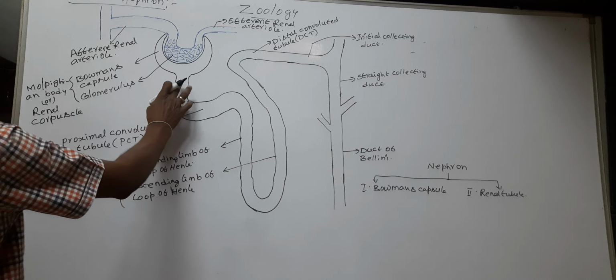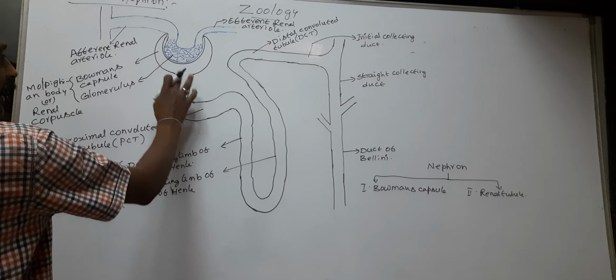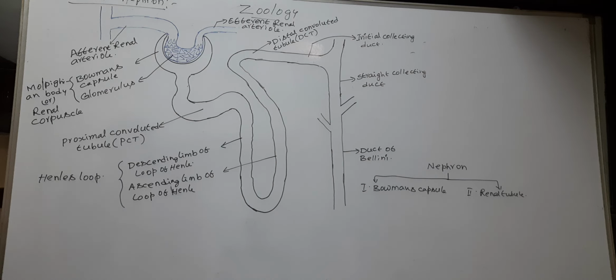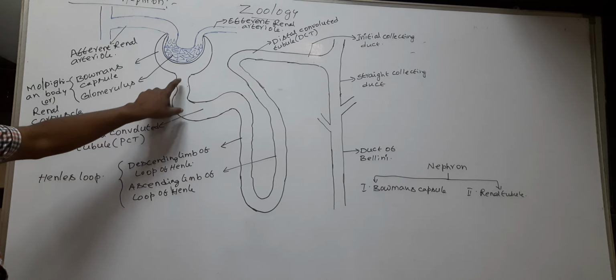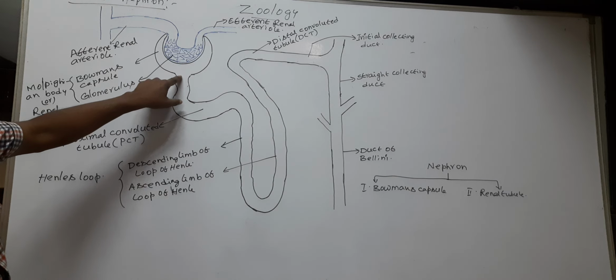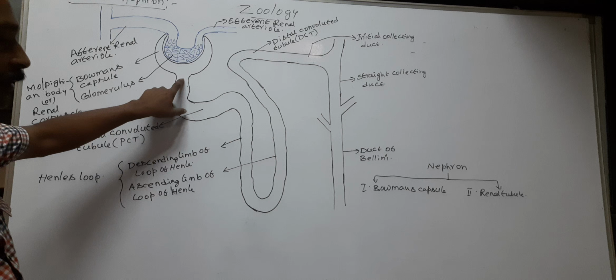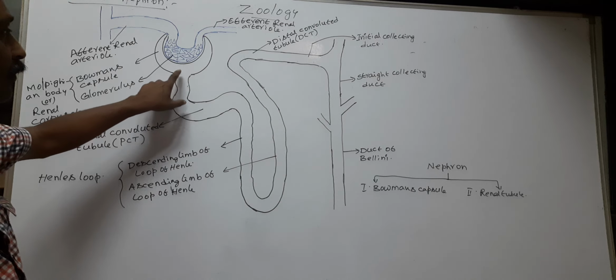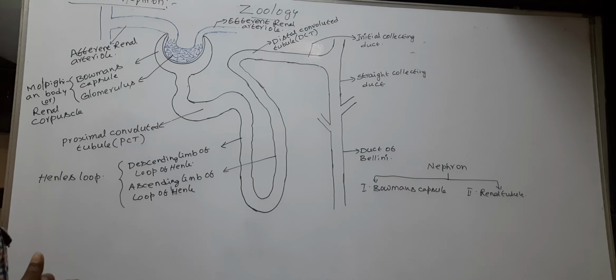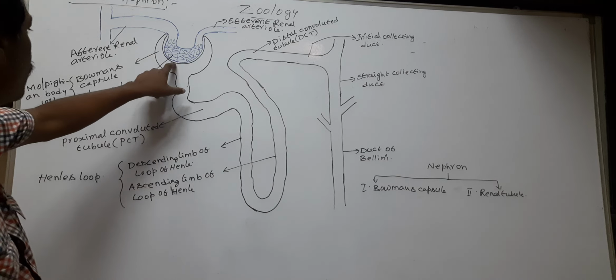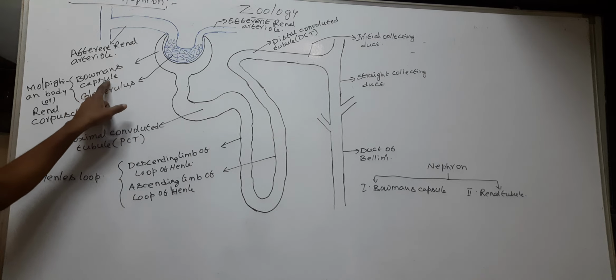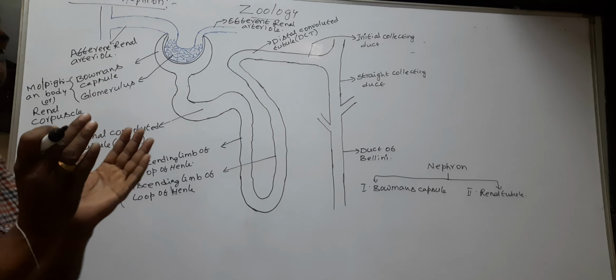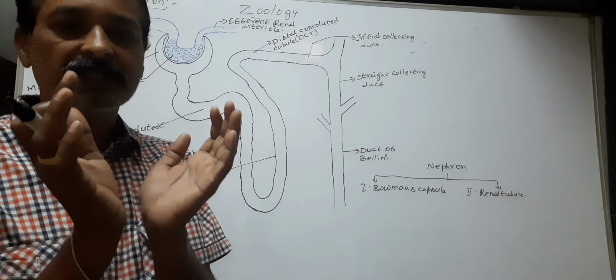The blind end of renal tubule forms a double-walled cup-like structure called Bowman's capsule. So Bowman's capsule is a cup-like structure.